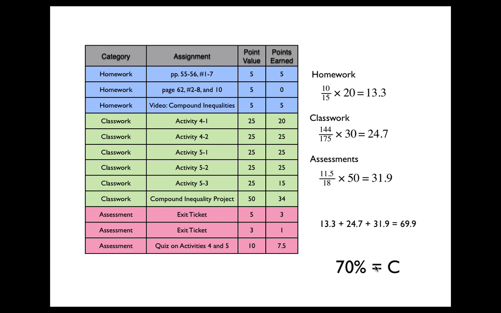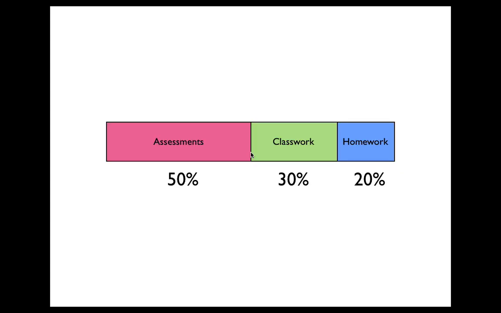Okay, let's take a look at the original graphic I showed you, because sometimes it's easier to see what's going on visually so you better understand it. Now, we said assessments were worth 50%, classwork 30, and homework 20. And I told you instead of looking at these as percentages, you might want to look at them as final grade points.